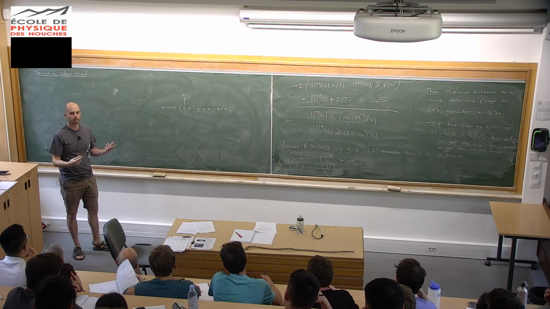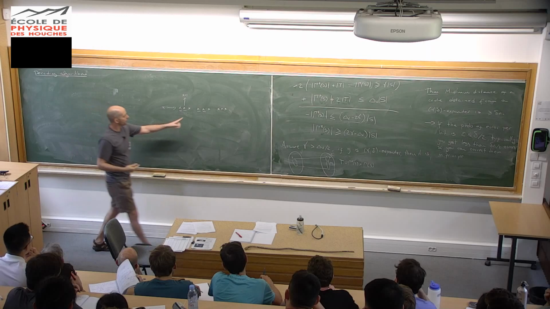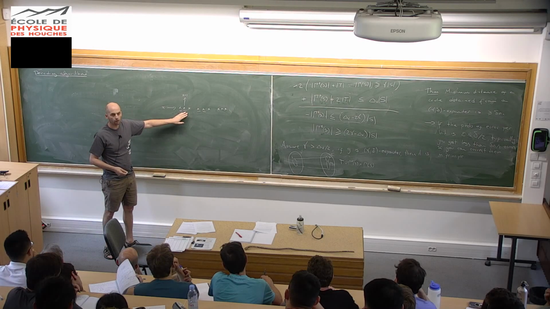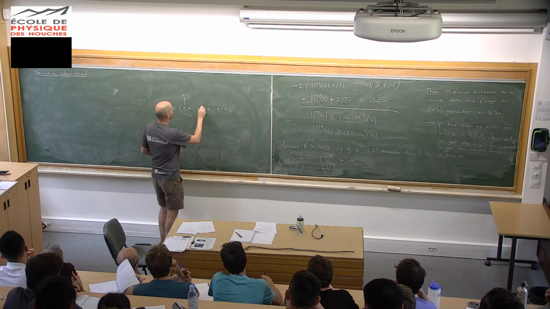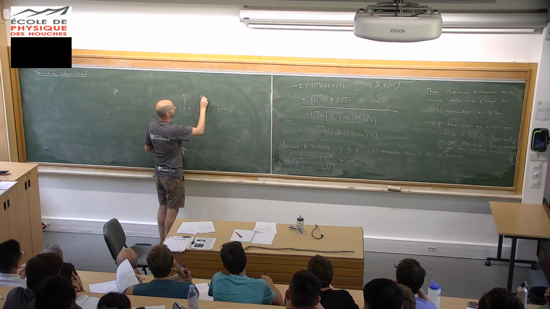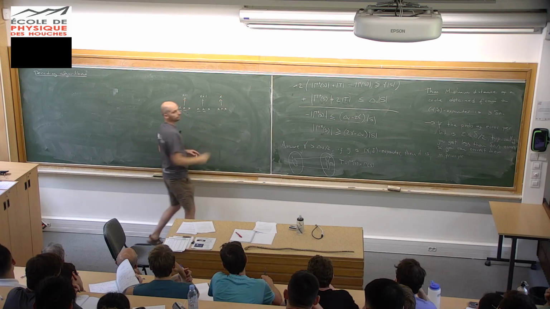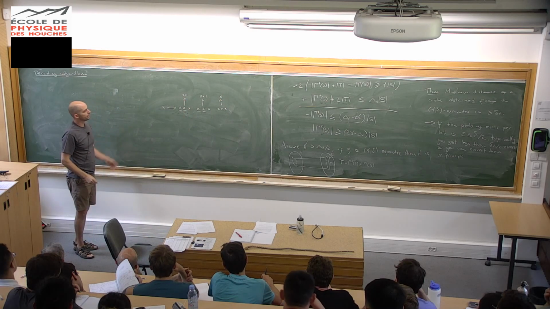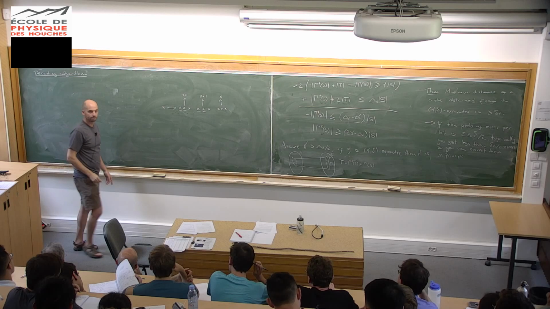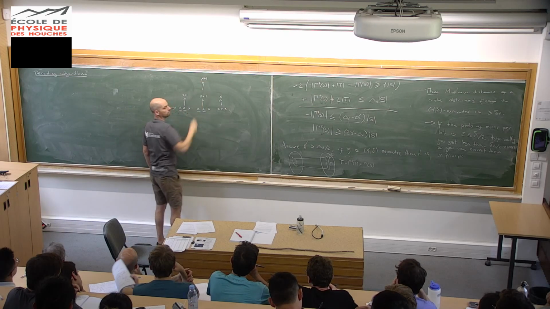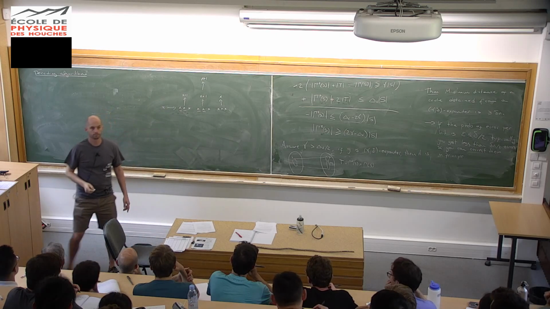You're going to flip it, right? Does everyone understand this? Because now the majority is wrong. The majority here is wrong as well, while the majority here is good. So now you're going to take the majority of these majorities, and you're going to have an error, right?